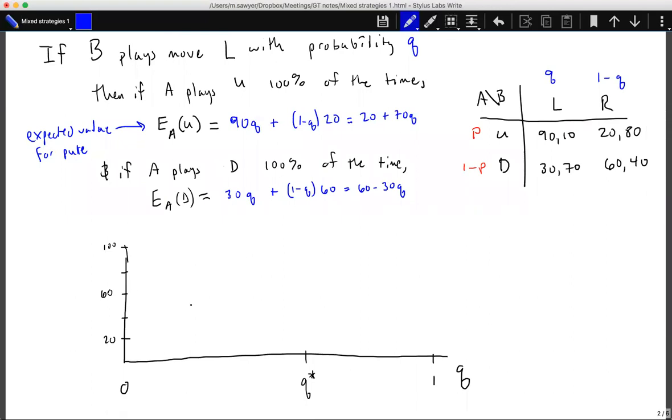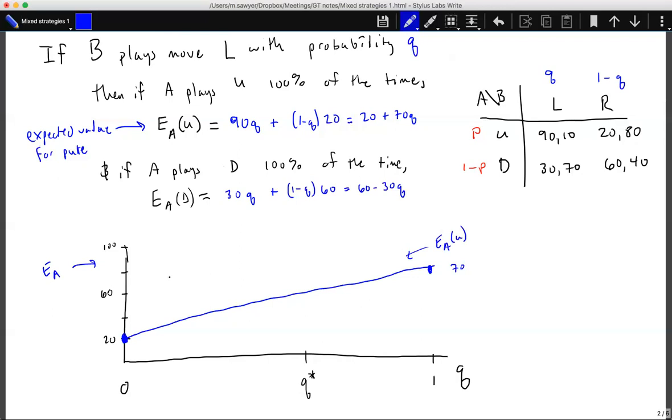If we look at 20 plus 70Q, if Q is 0, we start here, and if Q is 1, we're up about here. This is at 70. So this is our line here, where this axis is A's payoff, the expected value for A. This first line is the expected value of A for U.